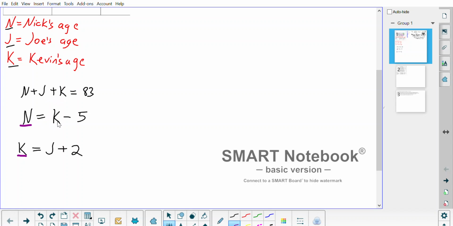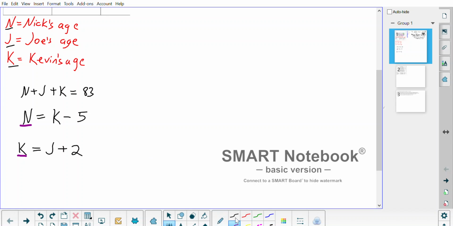The same thing if J was by itself or N is by itself. We won't be able to do it here because we have both N and K, K and J. We have two variables here, so it's hard for us to find it. So we want to get everything to just be one variable throughout.